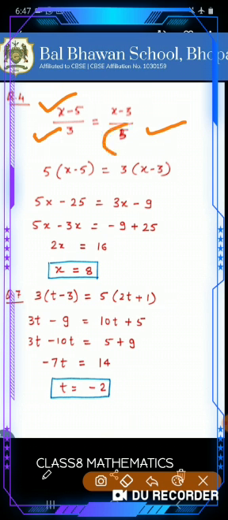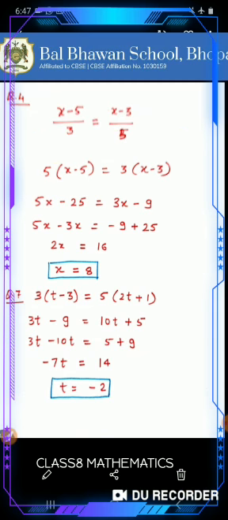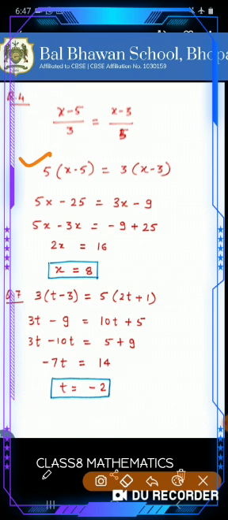So 5 will be multiplied with the numerator written on the left hand side, and 3 will be multiplied with the numerator of the right hand side. So this is called cross multiplication. After cross multiplication, we got 5 into (x minus 5) is equal to 3 into (x minus 3), which is showing cross multiplication. And after this, we are getting 5x minus 25 is equal to 3x minus 9.